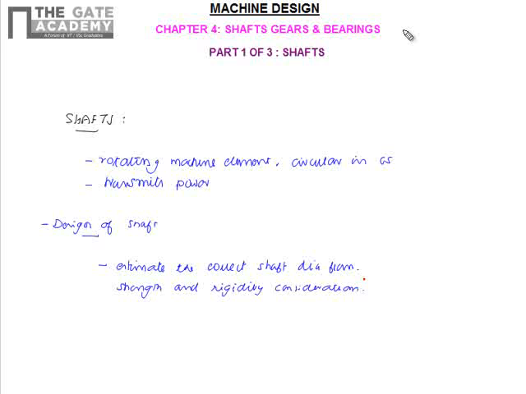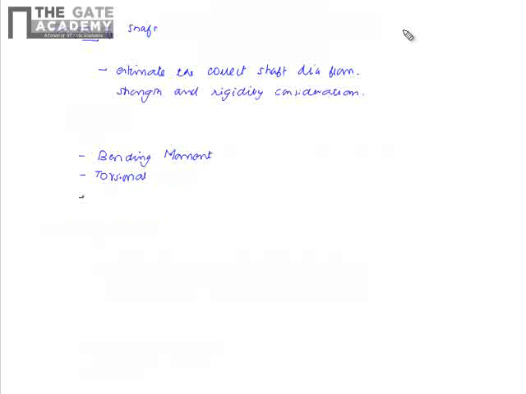Now the shaft is generally acted upon by 3 different types of loads. One is bending moment. Then we have torsional load, and then we have axial force acting on the shaft.